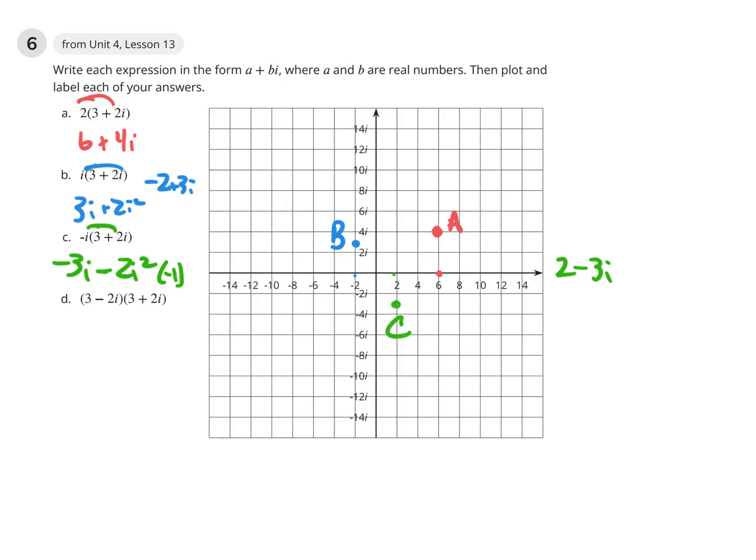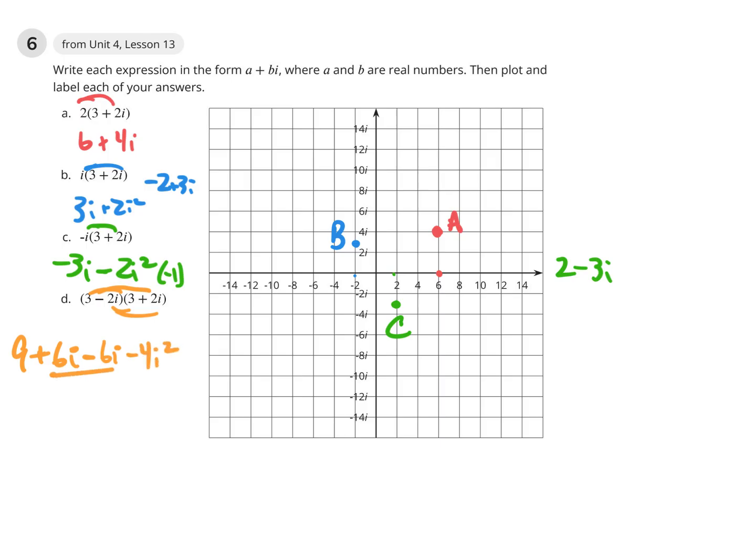And for D, distribute, distribute, distribute, distribute. 3 times 3 is 9, plus 3 times 2i is 6i. Now to distribute it to negative 2i, negative 2i times 3 is negative 6i. And then negative 2i times 2i is negative 4i squared.